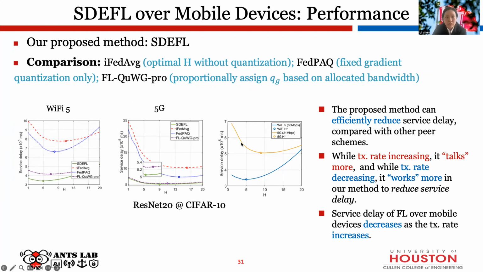And when the transmission rate is very low, our scheme tends to have a large value of H to minimize the service delay. And finally, we find out the service delay for federated learning decreases as the transmission rate increases.